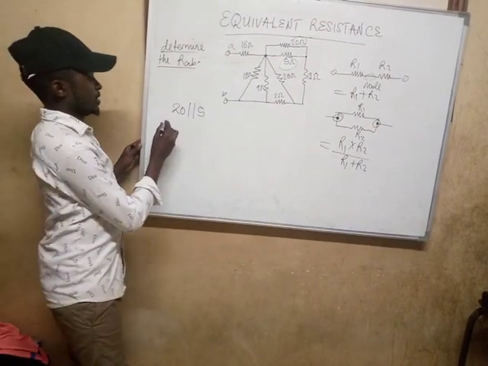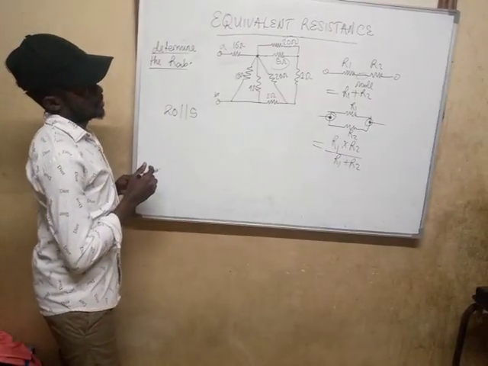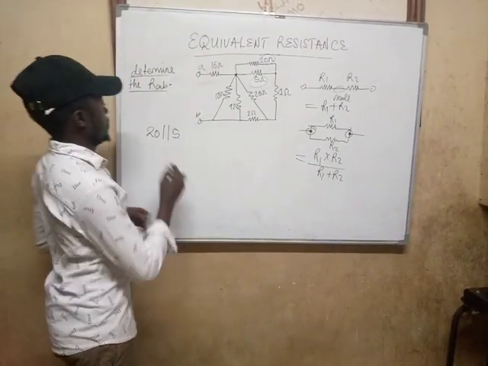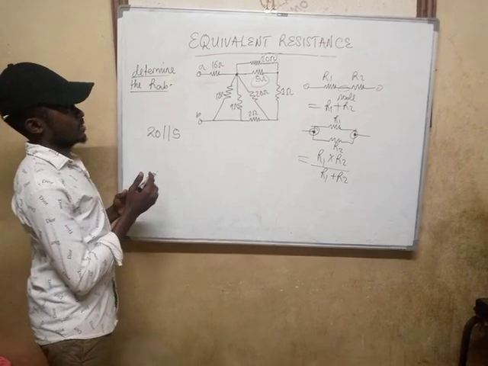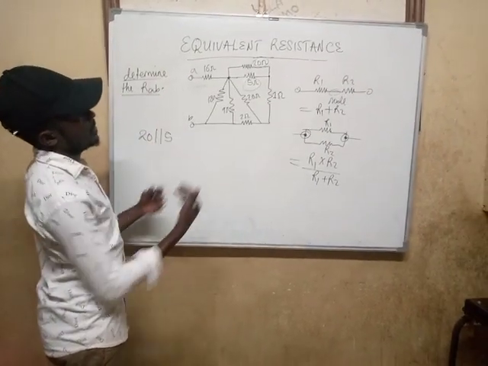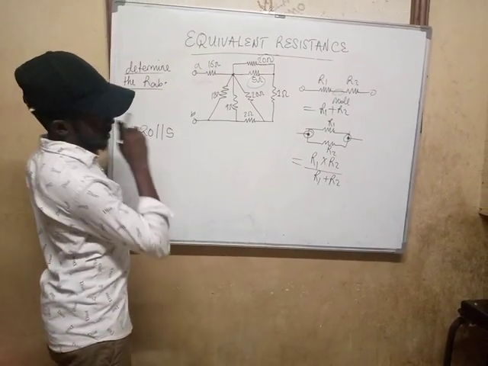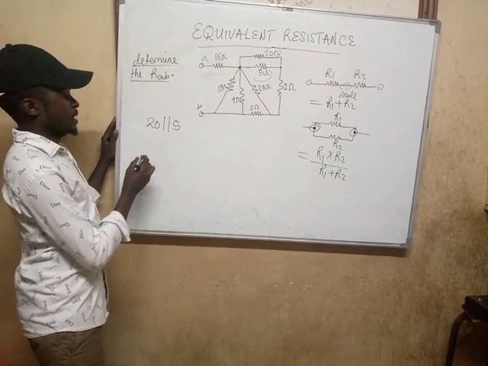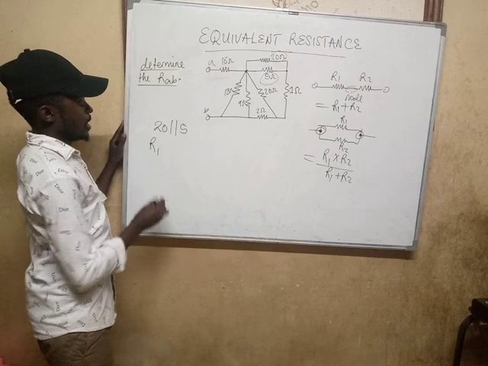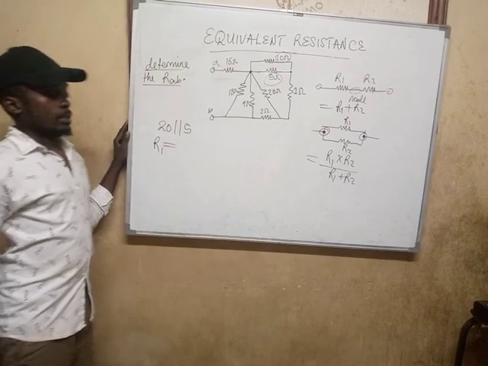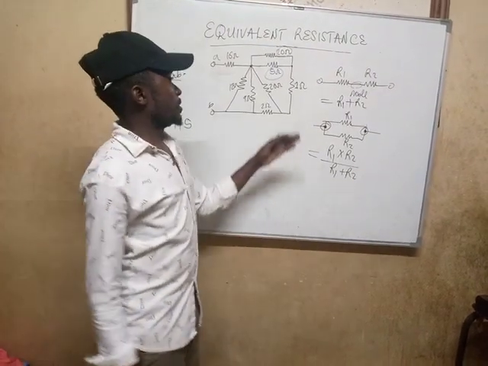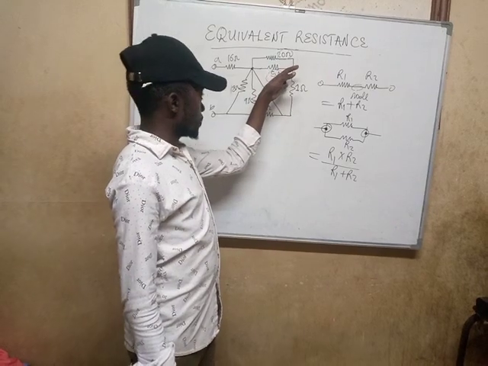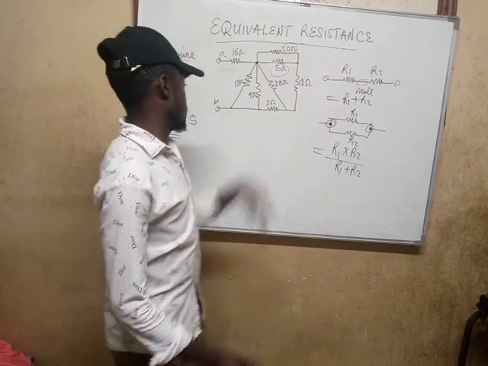In this case, we are going to come up with a combined resistance. There will be a lot of resistors in this problem, so I will be numbering them. I will say R1 is the combined resistance between the 5 ohm resistance and the 20 ohm resistance.